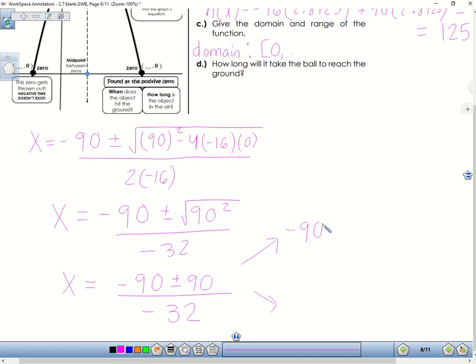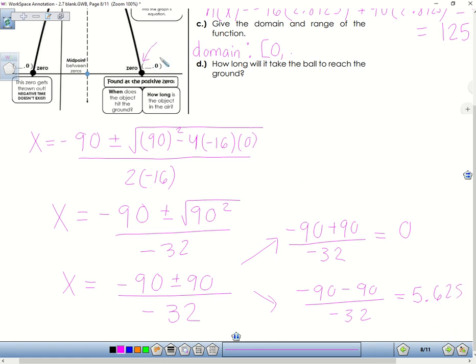We have negative 90 plus 90 over negative 32, and we have negative 90 minus 90 over negative 32. This becomes 0, and this becomes negative 90 minus 90 divided by negative 32, which is 5.625.